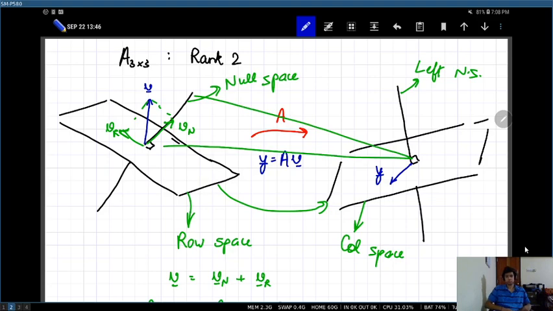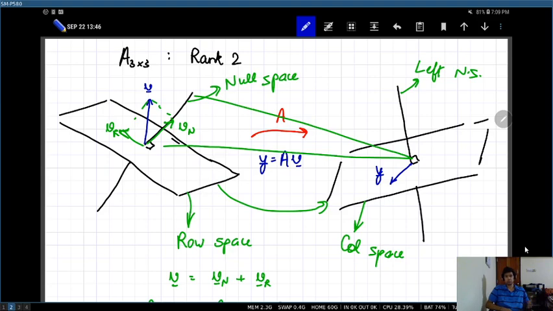So note that in this example itself, there are vectors which lie outside the row space and vectors which lie outside both the row space and the null space. So in this particular example of the blue vector v, this is neither in the row space nor in the null space, but it has components along the row space and components along the null space, right?